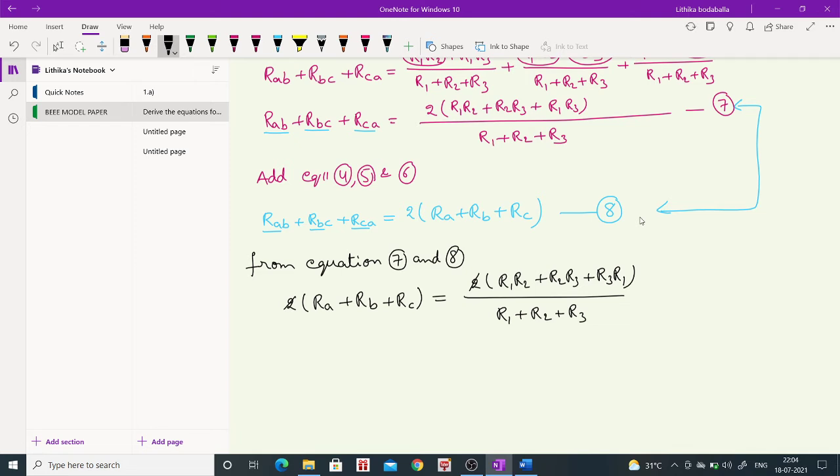So subtracting, let it be equation 9, subtracting RB plus RC from equation 9.